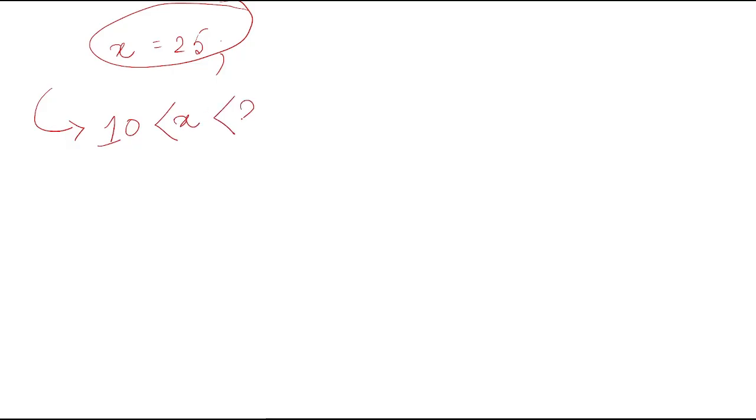Okay, everybody. So what was the sum? X equals 25, right? This was the first command that we entered, so we assigned a numerical value to our variable. What's the next step that we did? 10 less than x less than 20.